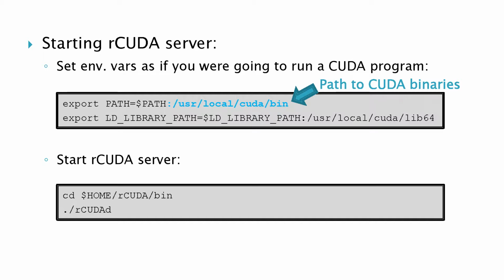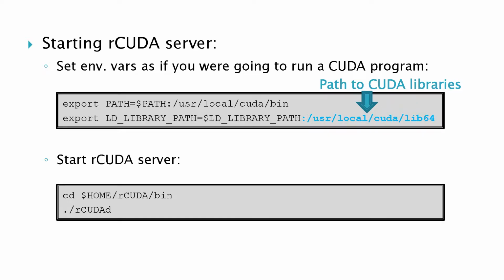We are going to export the path where we have the rCUDA software. In this case, we have a shared file system, a file system which is shared among all the nodes in the cluster. So we are going to export the path variable to this path.